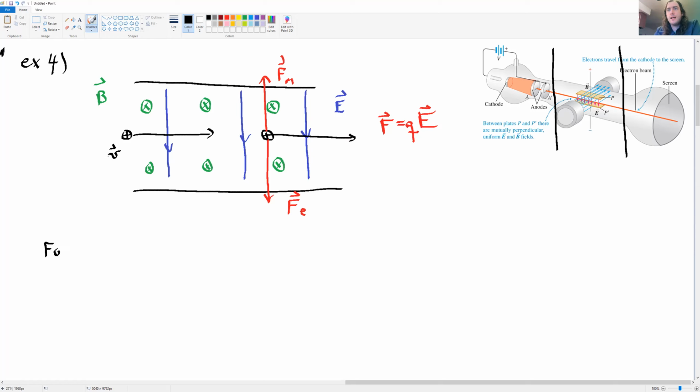So for no deflection, let's drop the vector sign actually. For no deflection, the magnetic force should be equal to the electric force. Right?